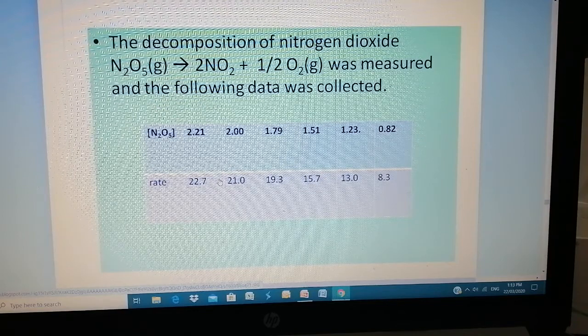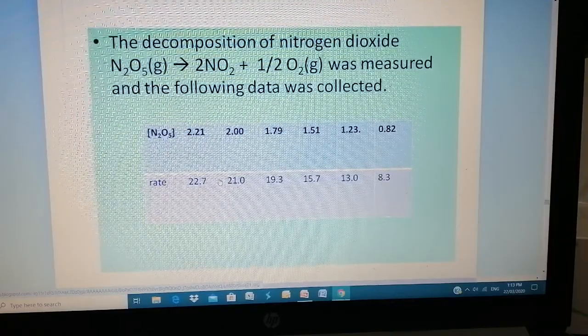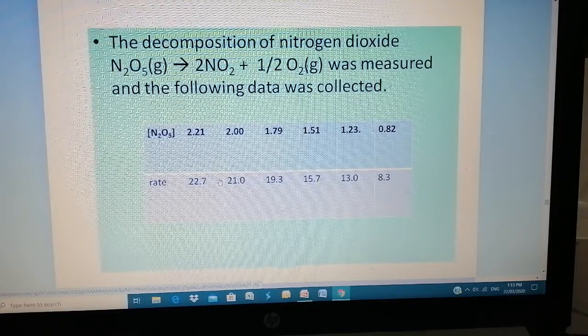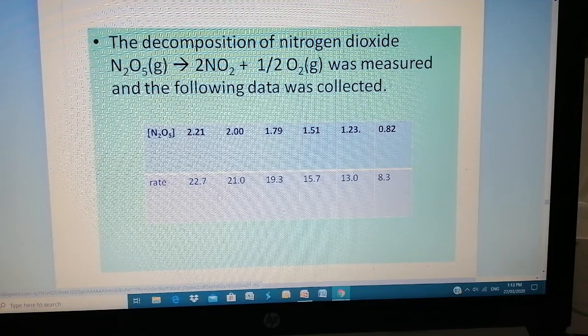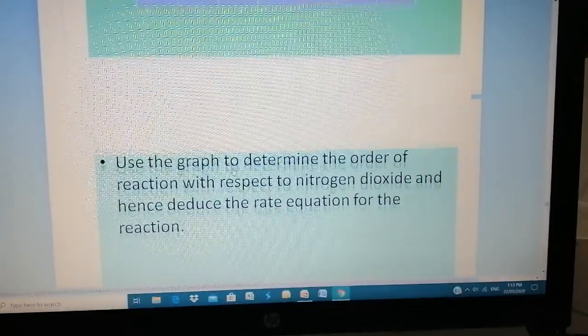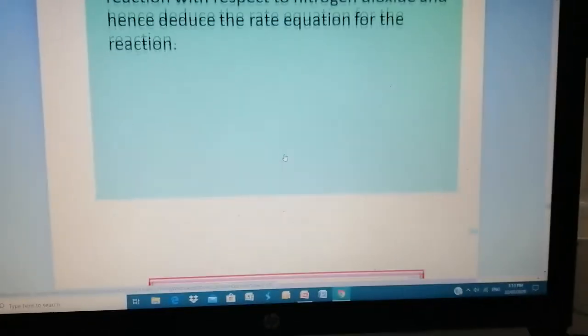When you plot the graph, you have to see what shape you are getting. According to that, you will say the order of the reaction. Use the graph to determine the order of the reaction and deduce the rate equation for the reaction. That is the question.